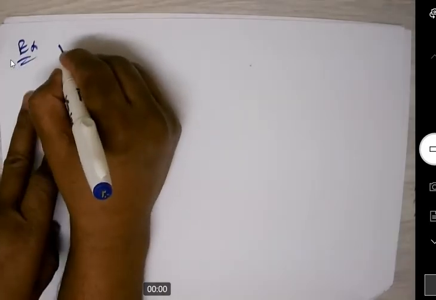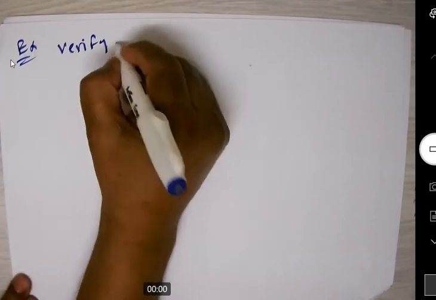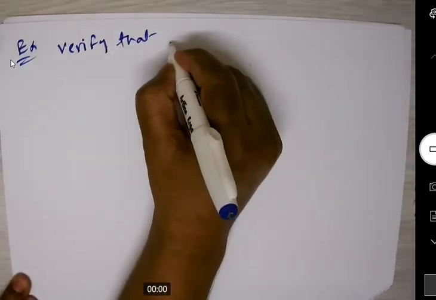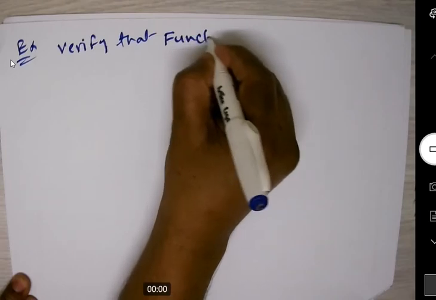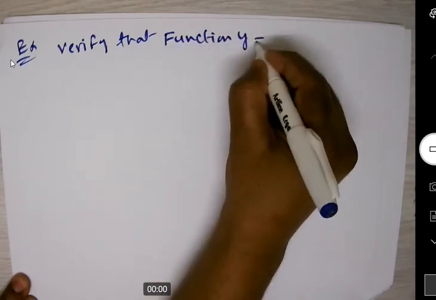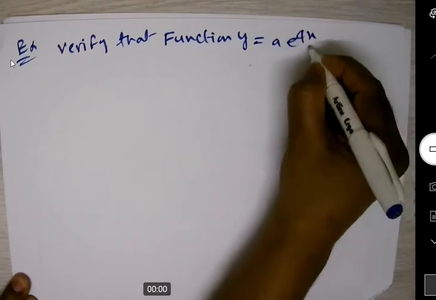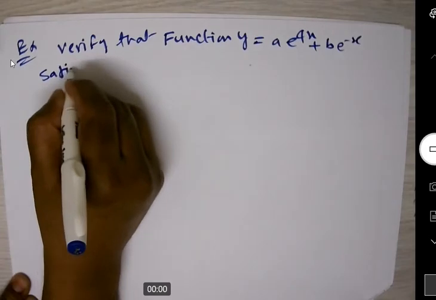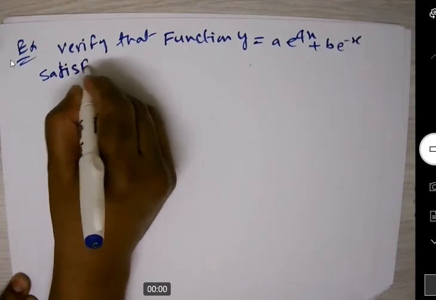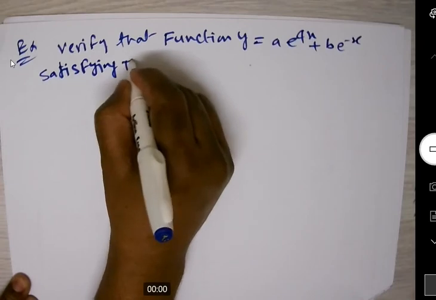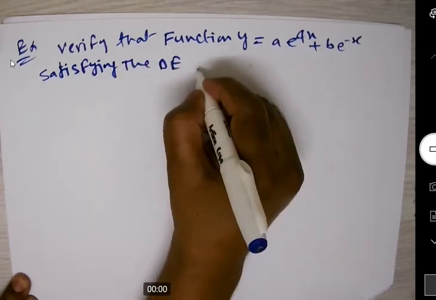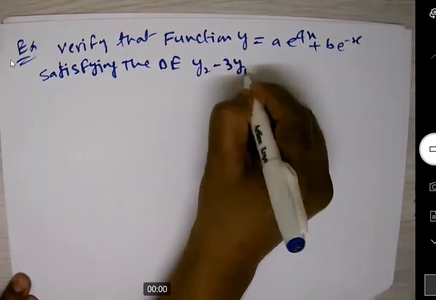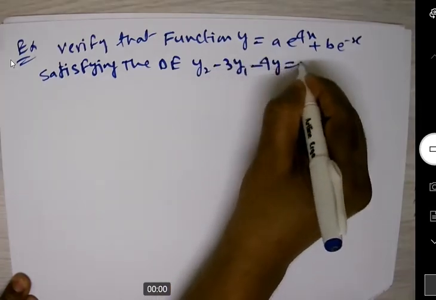Another example related to that one is: verify that the function y equal to a e power 4x plus b e power minus x satisfies the differential equation y2 minus 3y1 minus 4y equal to 0.